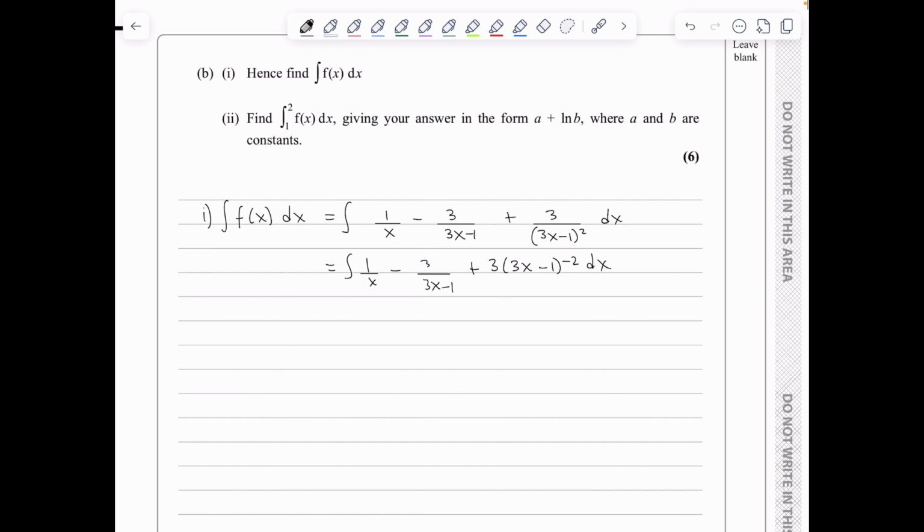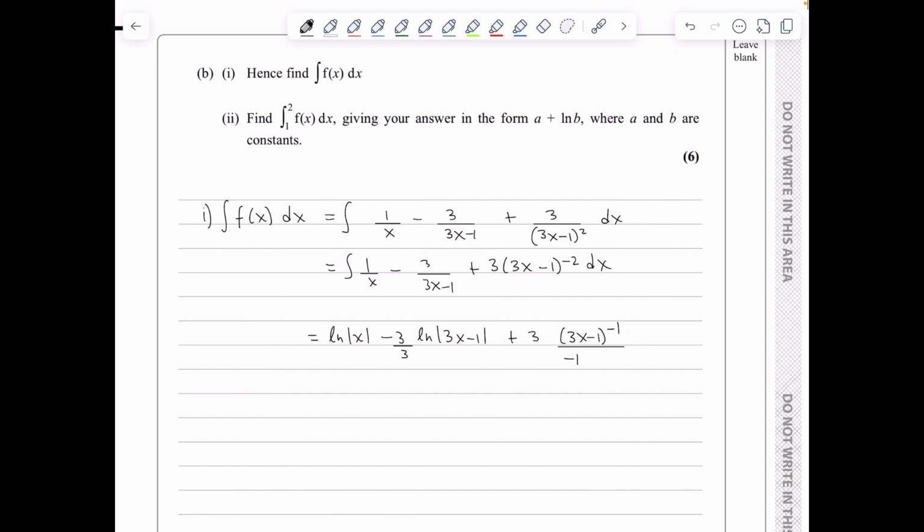And I can proceed because all of these three expressions are standard integrals. The integral of 1 over x is simply ln of the absolute value of x. Then we've got minus 3. We've got ln of the absolute value of 3x minus 1, and I need to divide by 3, which is the derivative of the 3x minus 1. And then we've got 3 times (3x minus 1) to the minus 1 over minus 1.